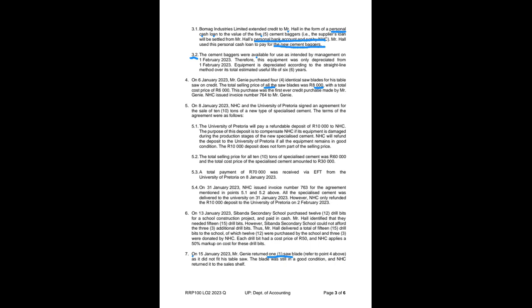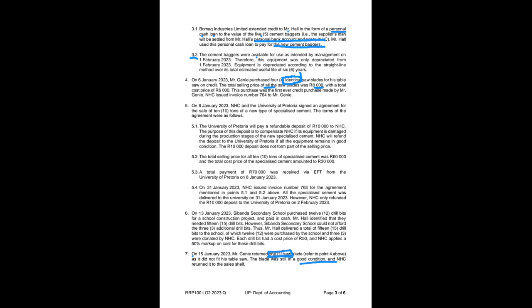Now notice in point 4 they used this word here, identical. They said there were 4 saw blades that were purchased and they were identical. And now we're told that he returned 1, which means what is going to be the price of that 1 blade that he returned?